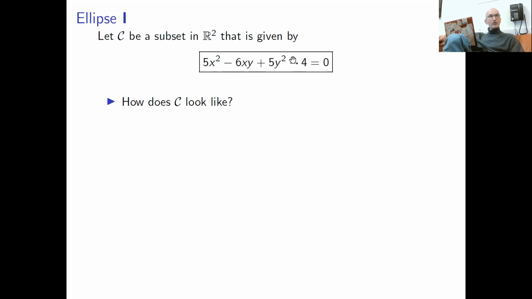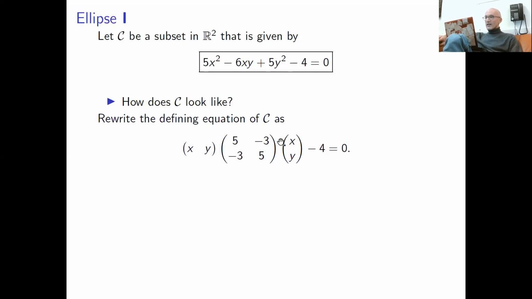However, first we need to use one very nice, very important trick or observation, which is actually very powerful. This trick looks very simple, but it's not so simple. The trick is to rewrite this polynomial equation into the following matrix form. Convince yourself that this equation and this equation are the same thing.